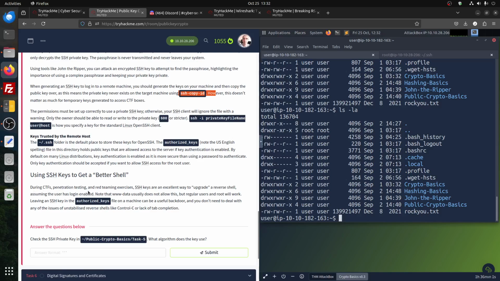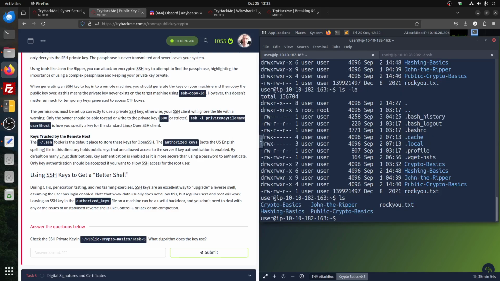Usually what we do is this, because this one doesn't have it. I don't know how they configured this room. I'm getting a bit confused. We cat /etc, what is it?